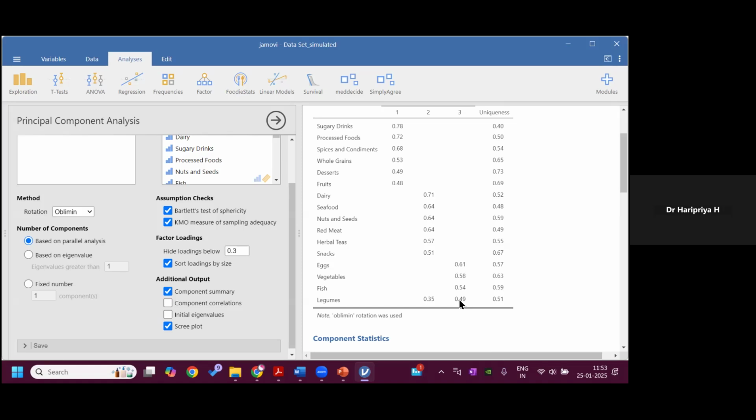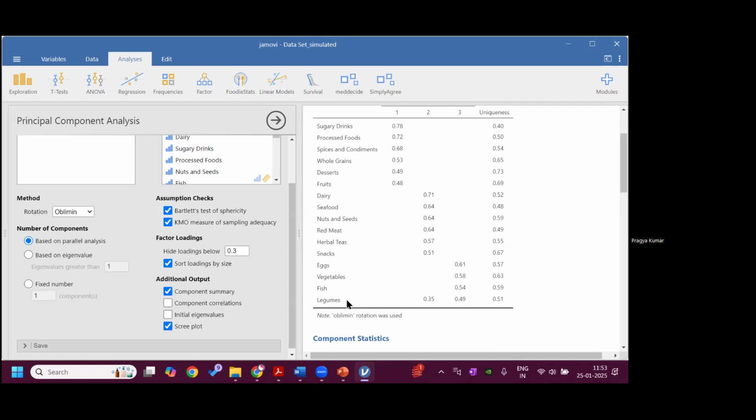You can use your rationale, because you will ultimately give a name to all these components 1, 2, and 3. So you can write that the loading was exactly 0.2, and you think it should go to component 3.